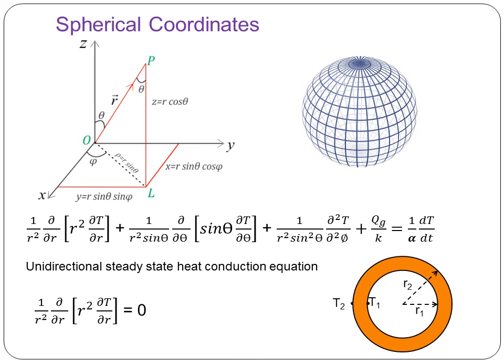If you consider unidirectional heat flow with steady state condition and without any internal heat generation, this gives a very simplified expression, which is 1 by r square del by del r of r square dT by dr, equal to 0. If you integrate this, you will finally get the temperature distribution equation for the spherical coordinate system.